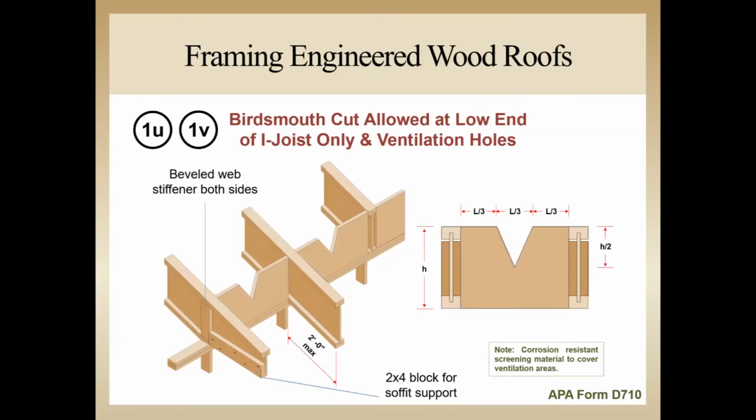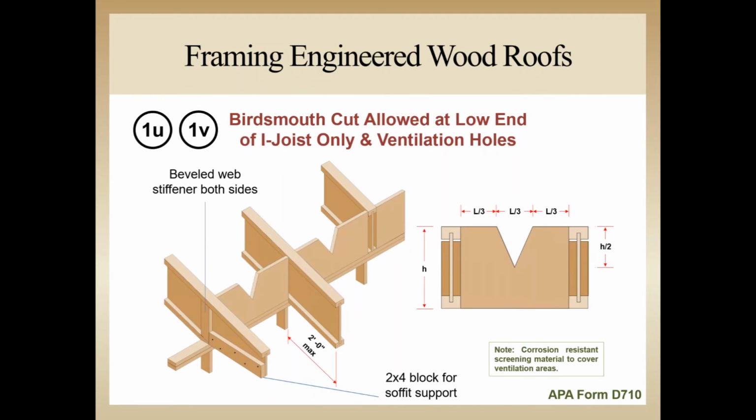The underside of the roof sheathing should be ventilated. Detail 1V shows details of bird's mouth cuts in the top of the blocking panels located above the top wall plate and between the rafters. As shown in the drawing on the right, angle cuts can be made in the center third of the top half of the blocking panel to provide ventilation between the ceiling insulation and the roof sheathing.